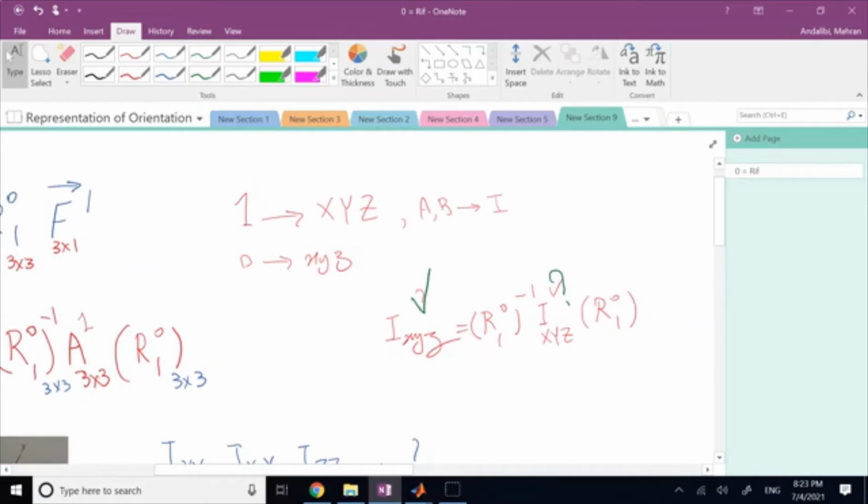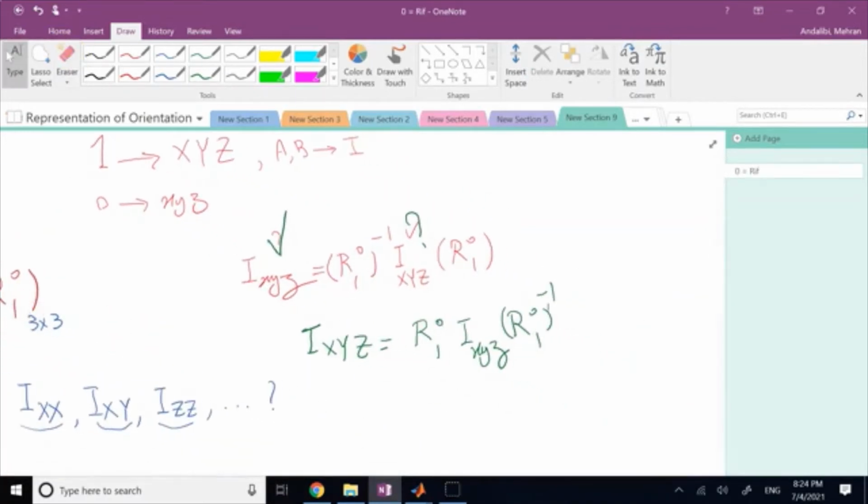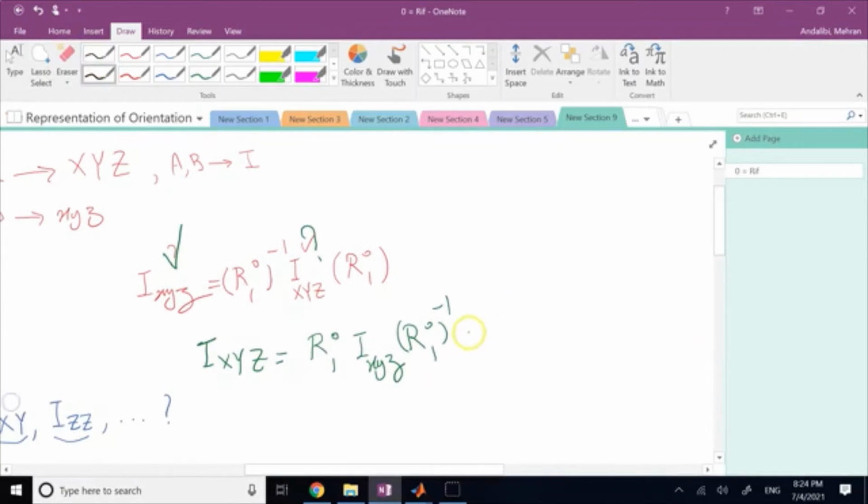And if you want that, then you can show that the I of capital xyz is equal to R10 times I small xyz times R10 inverse. Or since you are going from frame 0 to 1 in that transformation, you can also write this as, what?